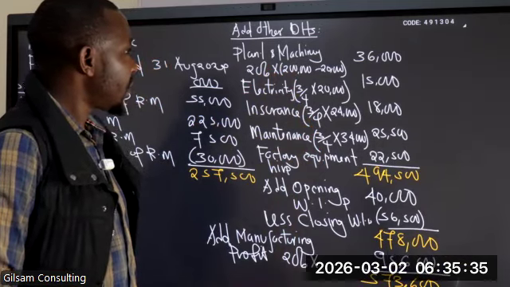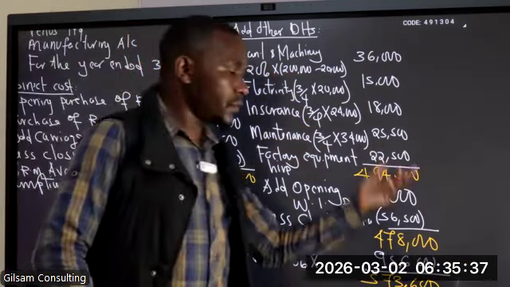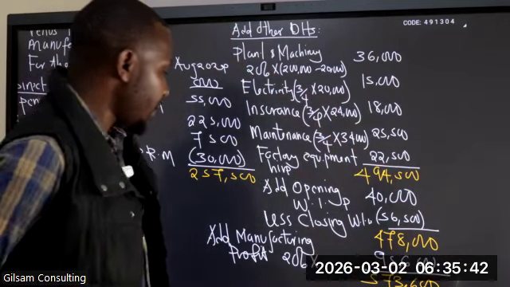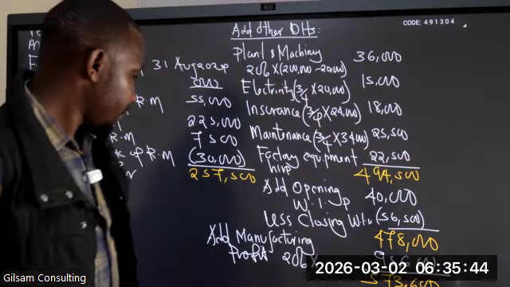For factory building and furniture and fittings, that will go to the normal profit and loss.